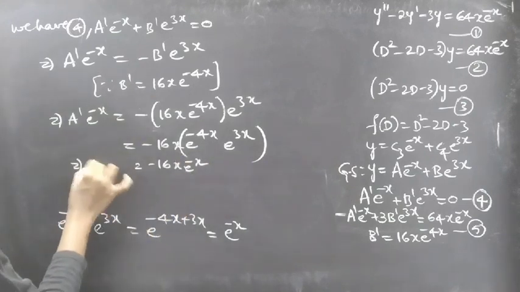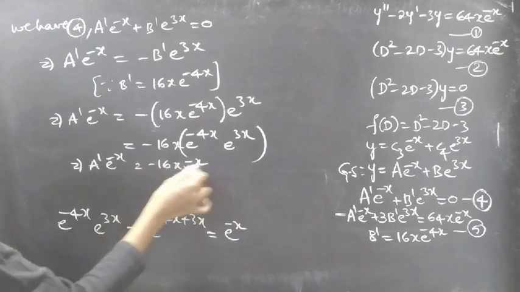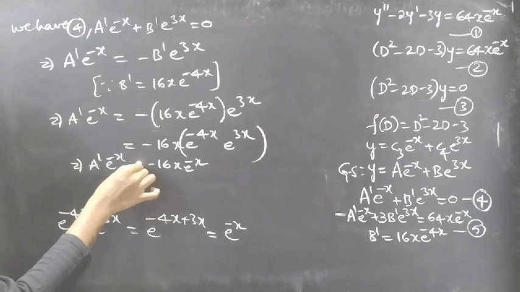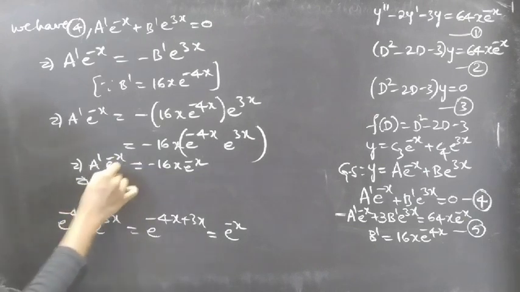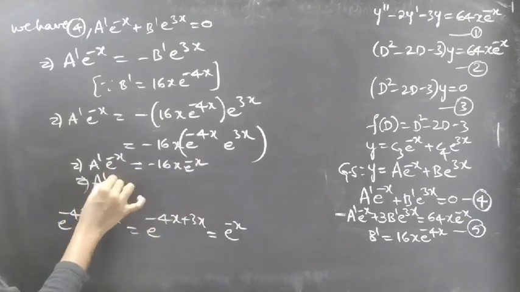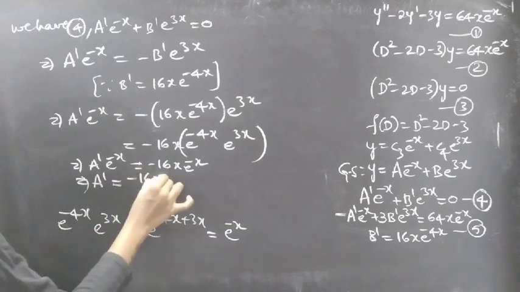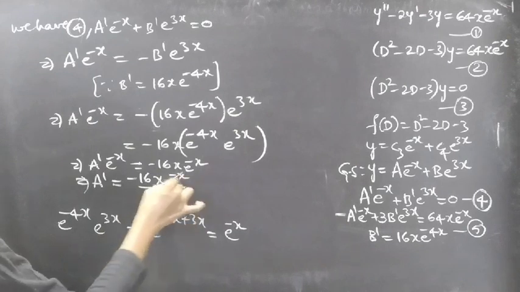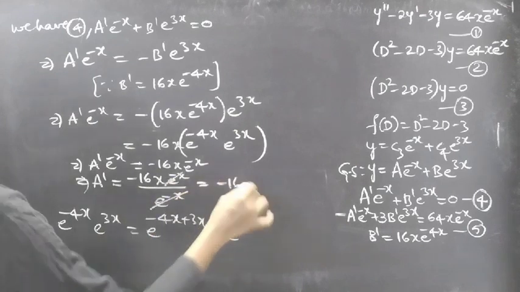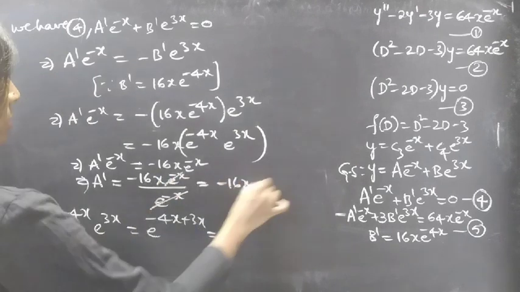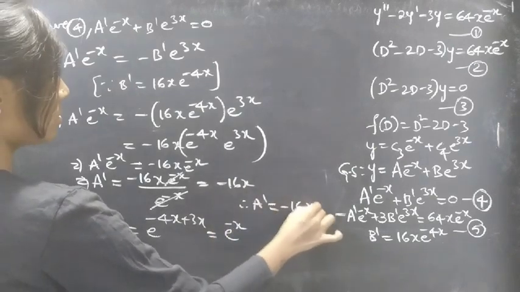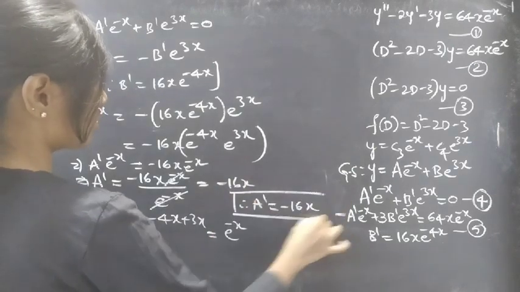Now we have a dash e power minus x equal to minus 16x e power minus x. You can cancel e power minus x from both LHS and RHS, or you can just take e power minus x to RHS. We'll get a dash equals minus 16x e power minus x by e power minus x, where e power minus x gets cancelled, and you'll get a dash equals minus 16x.